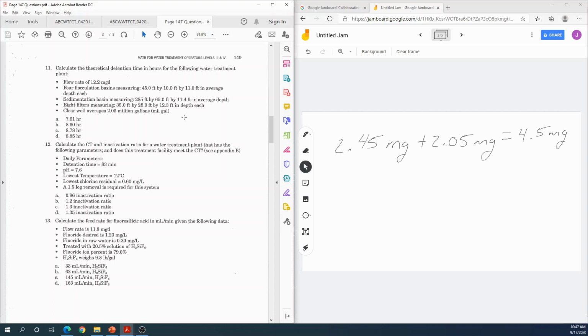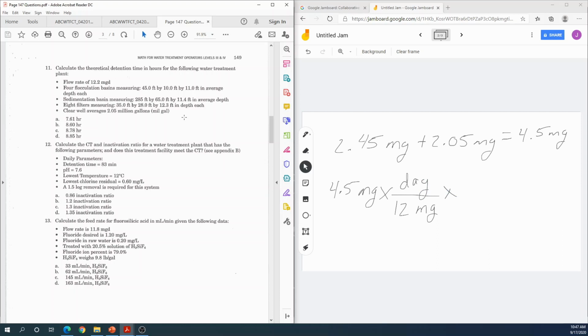So now we know we have a total storage of 4.5 million gallons. And we know that our flow rate coming in is 12.2 million gallons per day. But we're trying to solve for our retention time in hours.